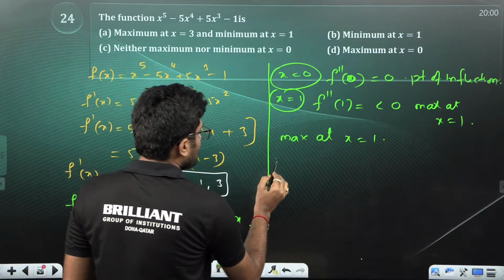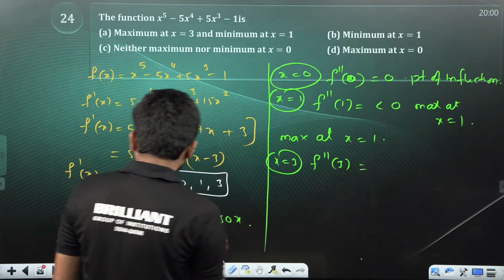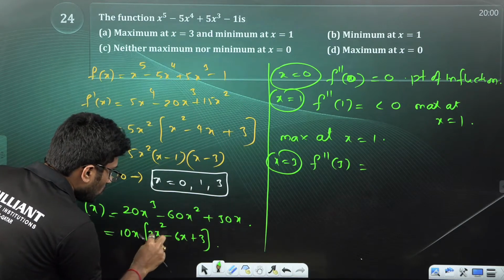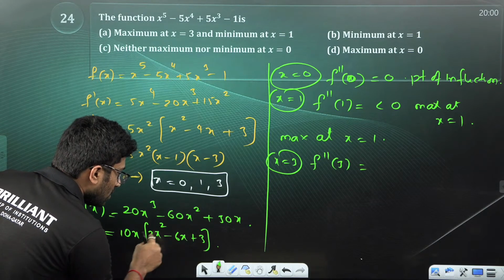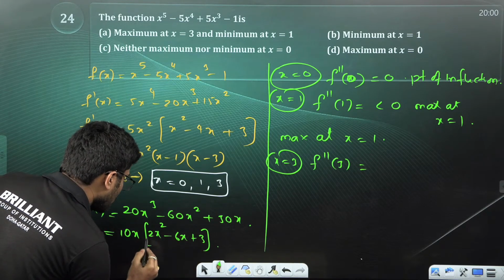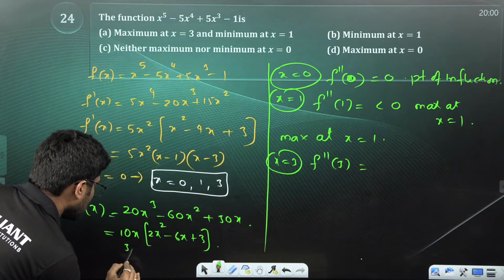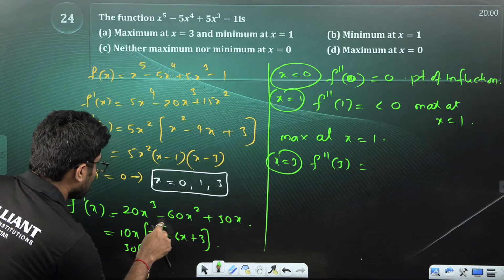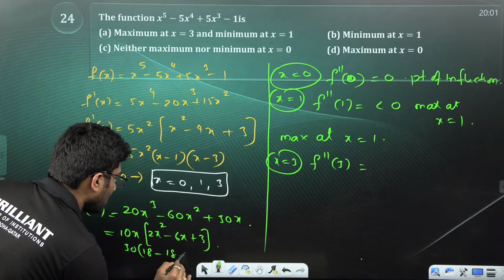Next, what about x is equal to 3? F double dash 3: 10 into 3, 30, times 2 into x square, 3 square is 9, 9 2s are 18, minus 6 3s are 18, plus 3.